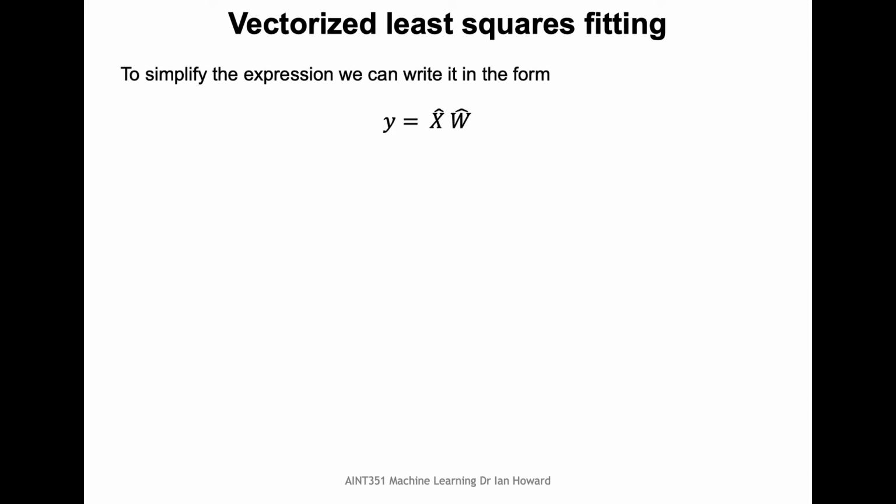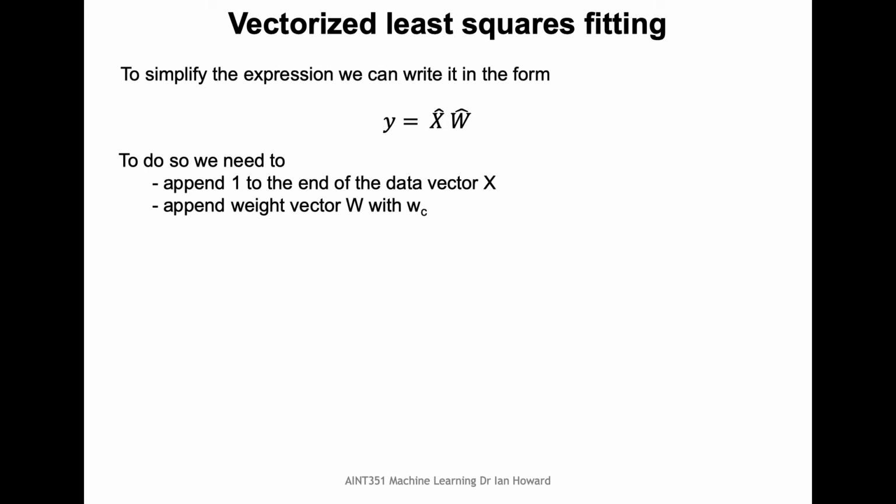Well, we kind of did this before, so we can now say, let's rewrite it such that we've got x hat w hat, but what we've done is we've appended a 1 on the end of data vector x, and we've appended the WC onto weight vector w. So in other words, we've just kept all the current values of x.